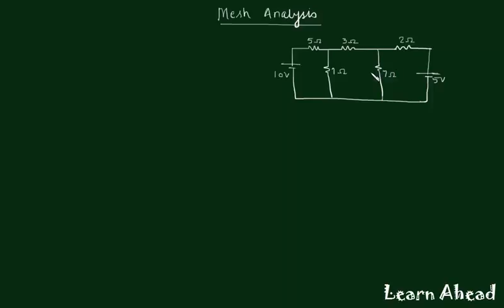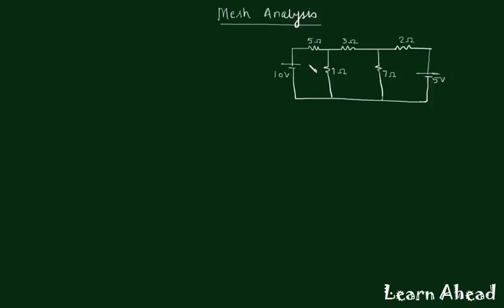Before understanding what a mesh is, we should know what is a loop. A loop is simply a closed path traversed by a current. For example, this is a loop, this is also a loop, and this is also a loop.